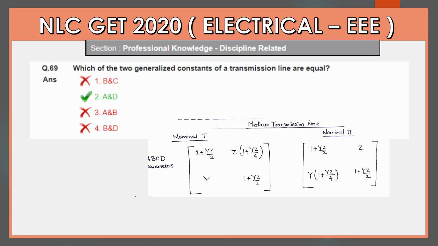Next question, it is asking which one of the following generalized constants of transmission line are equal. We know that for nominal T, this is the ABCD parameters, and for nominal pi, this is the ABCD parameters. You can see here A is always equal to D. A is always equal to D. So the second option is the right answer.